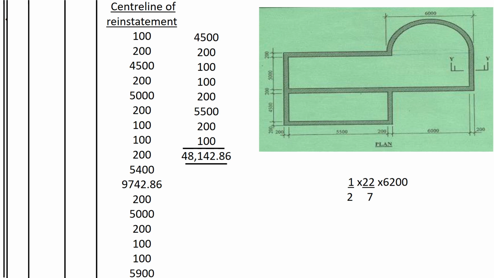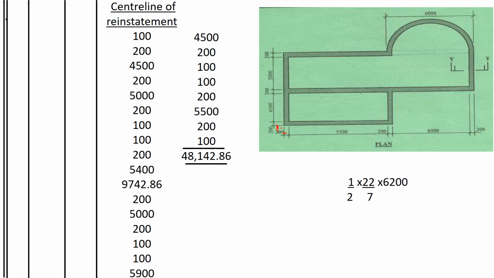So for the center line of the reinstatement, we shall take the length of the external walls, then at each corner we shall add 100 on each corner. For example, we start from this corner. The projection was 200. This side was up to here 200 and up to here 200.